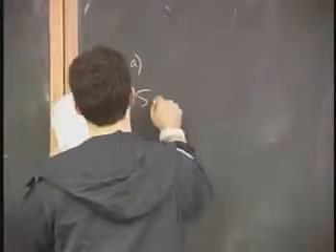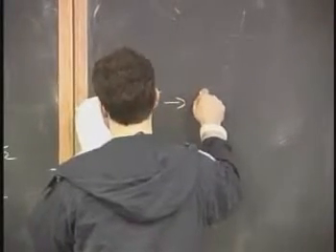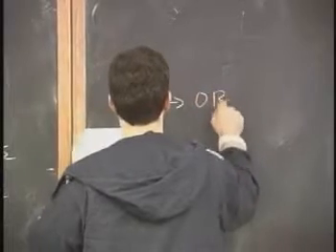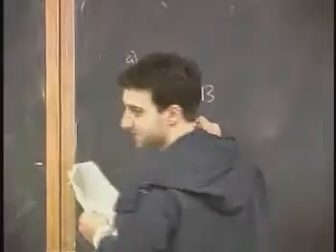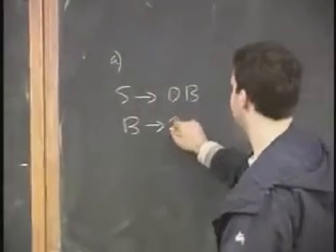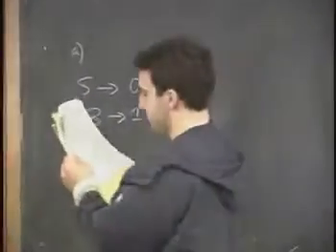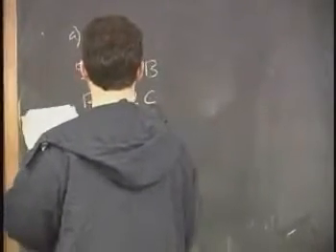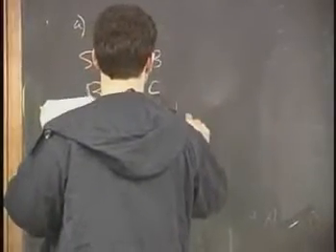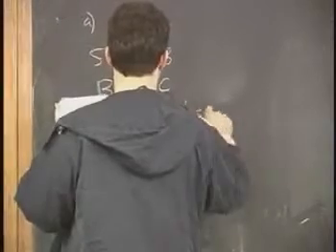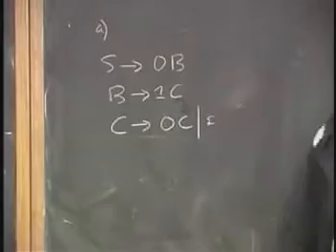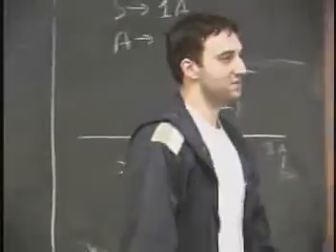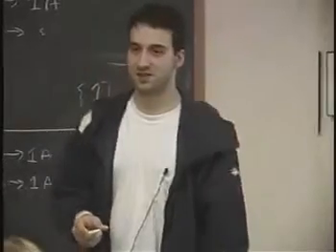S goes to 0B. B goes to 1C. And then what does C go to? 0C or epsilon. There you go. So you can add tons of new letters wherever you like if you have some complex structure.